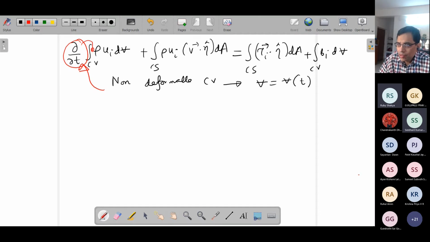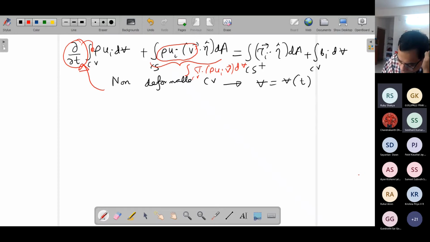So by divergence theorem, you can write this. The vector is this one, that is dotted with eta. So this is equal to the divergence of the vector dV.